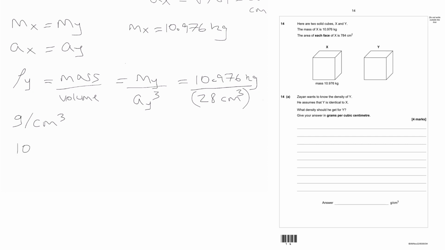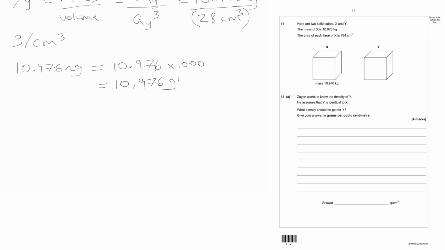So let me just rewrite 10.976 kilograms in grams. To do this, we have to times by 1,000 because 1 kilogram is 1,000 grams. So if we have 10.976 times 1,000, this gives us 10,976 grams.